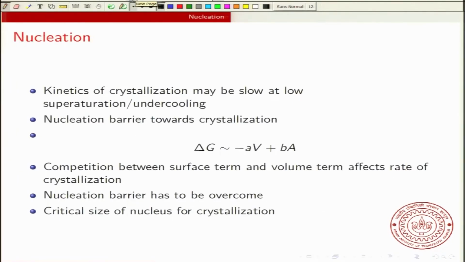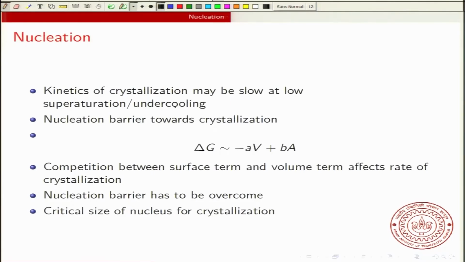Now, one of the things that we see in practice is that the kinetics of crystallization may be very slow at low supersaturation or undercooling. So, let us say you have a solution and your supersaturation is small. That means you have a concentration just slightly greater than the saturated solution.